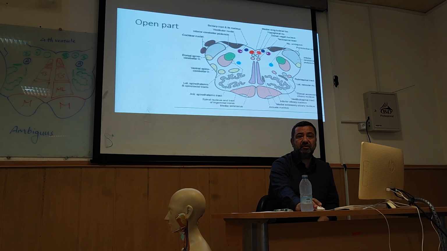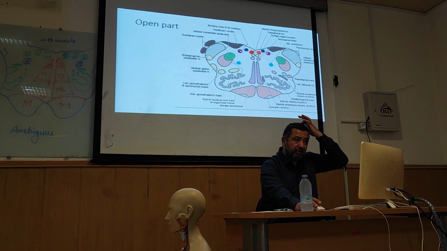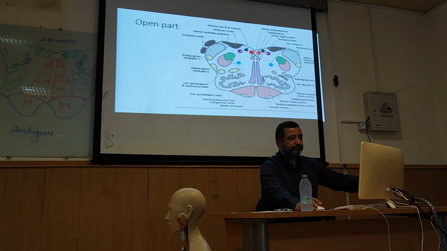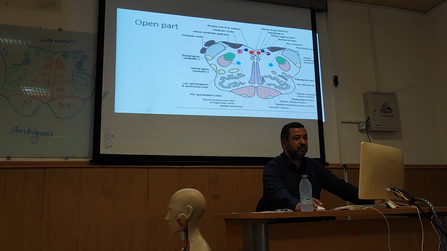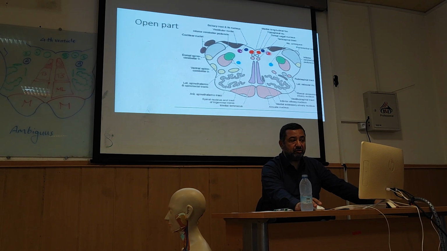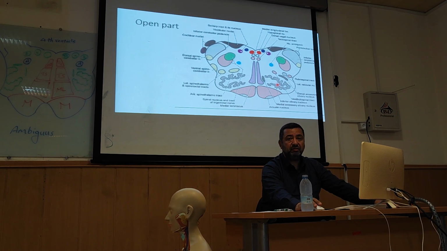Hypoglossal nucleus, motor nucleus of cranial nerve number 12. This nucleus is dorsal nucleus of the vagus. This nucleus is nucleus solitarius. And here is ambiguus. And here is inferior olivary complex.